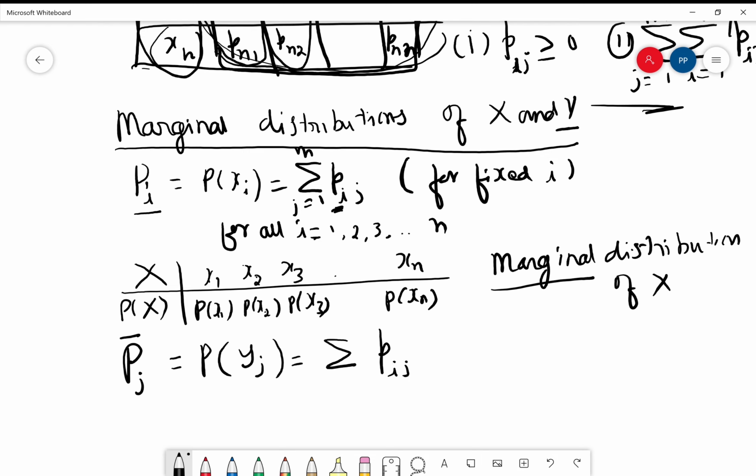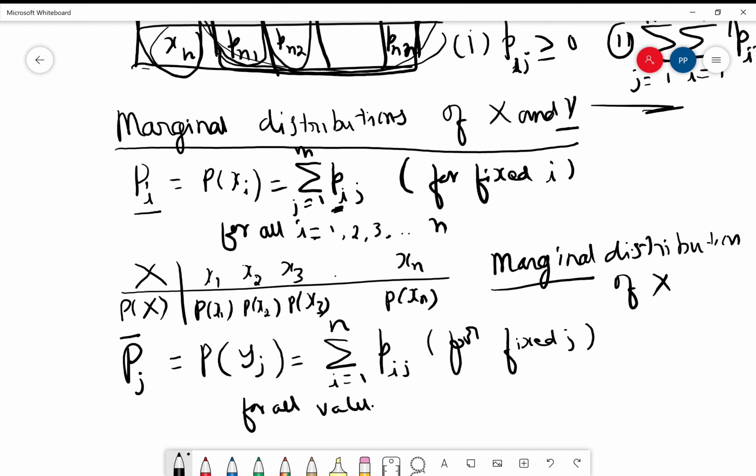Now we have to fix j. For fixed j, you take the values of i. We all know i ranges from 1 to n, for all values of j.